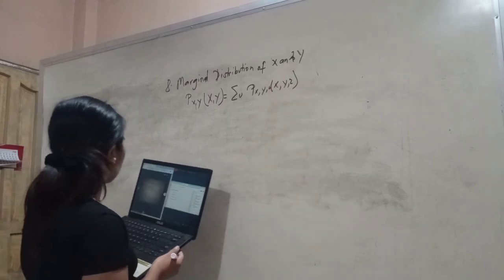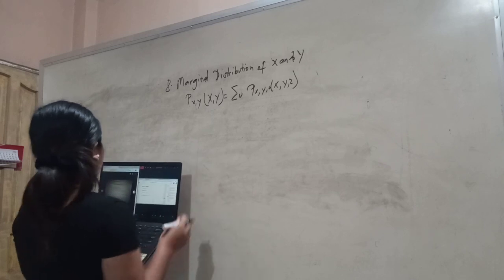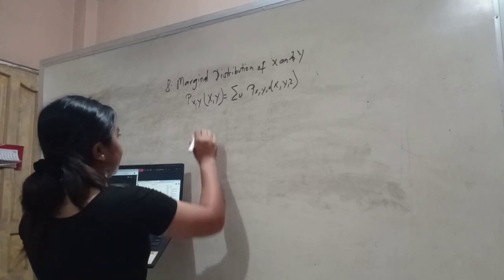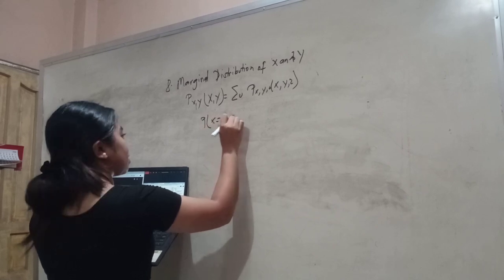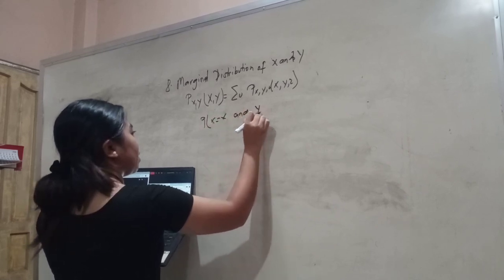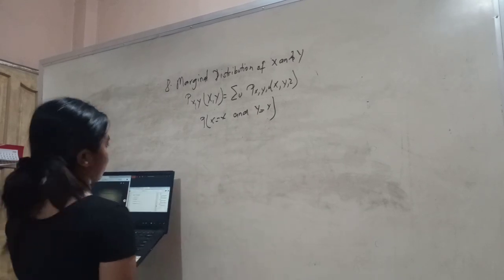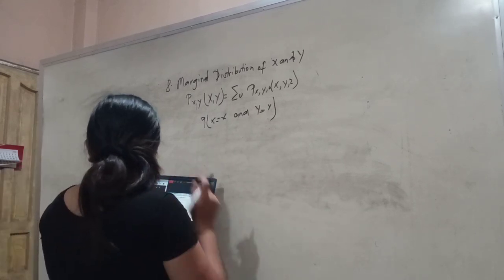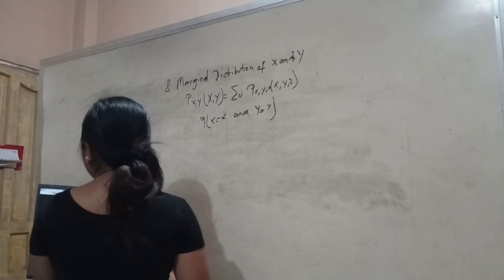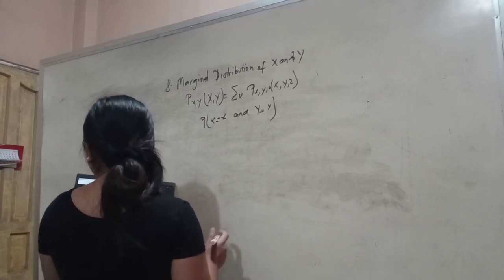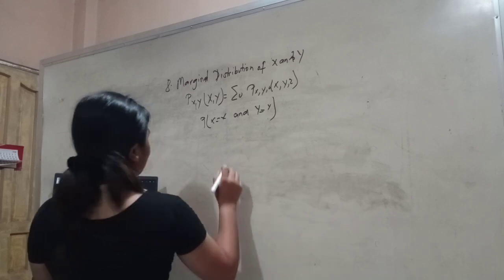This shows how to find the joint marginal distribution of x and y together, given X is equal to x and Y is equal to y, ignoring what z is. We sum over all possible values of z while keeping x and y fixed. We're marginalizing out only z, keeping the joint relationship between x and y.